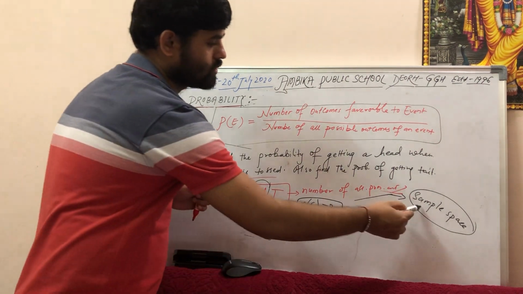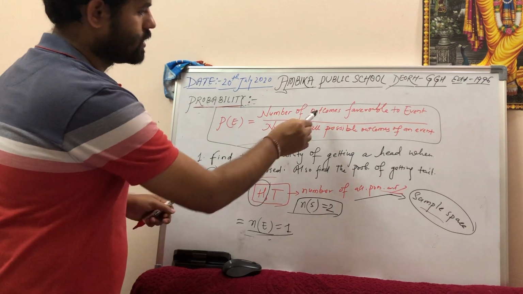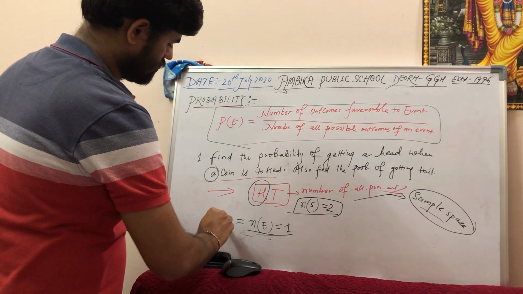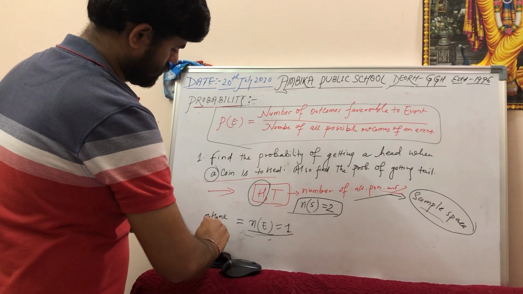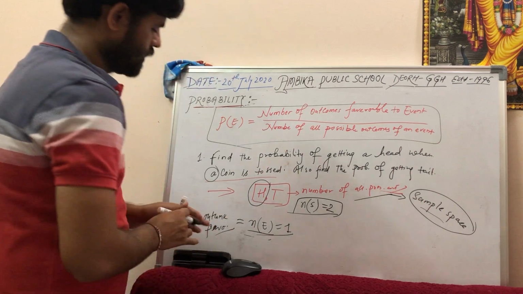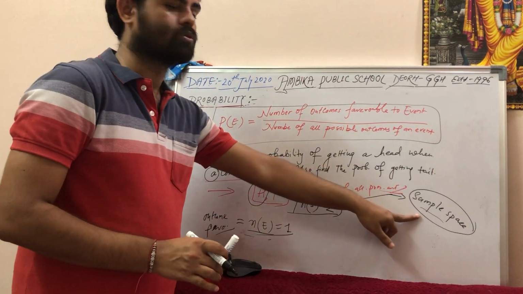Number of sample space equals 2. The number of events is also said as outcomes favorable. So this is outcome favorable and this is possible outcomes.